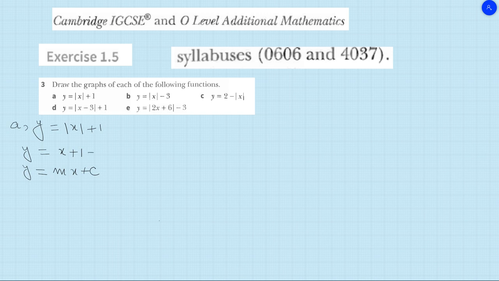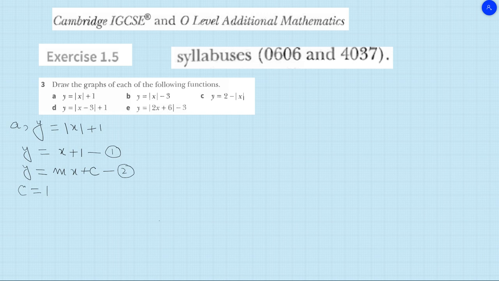So if I name this equation number 1 and this equation number 2, and we compare equation number 1 and equation number 2, we can see that the value of c is 1. Therefore, our y-intercept is 1.